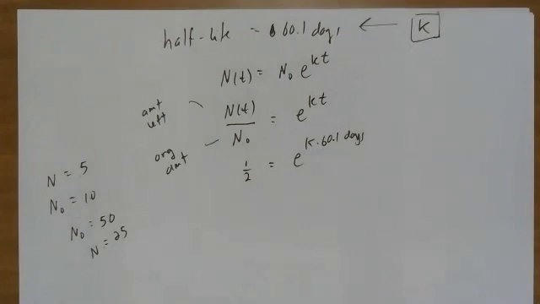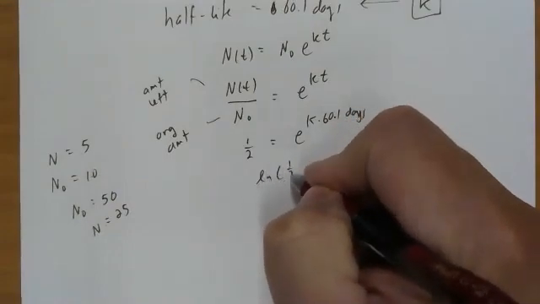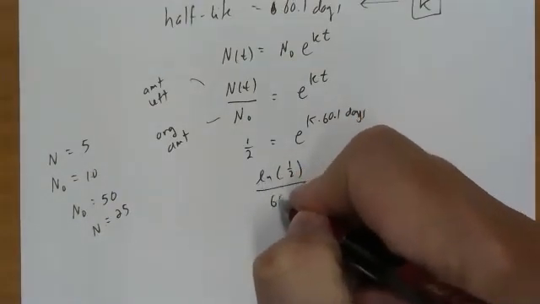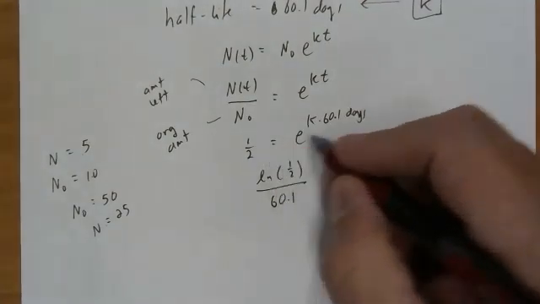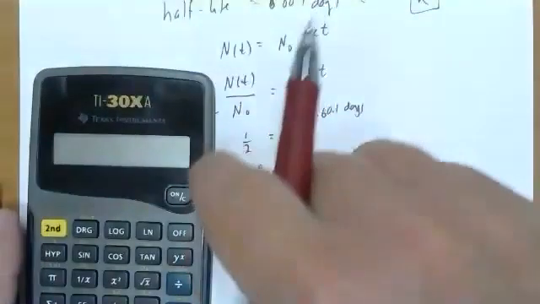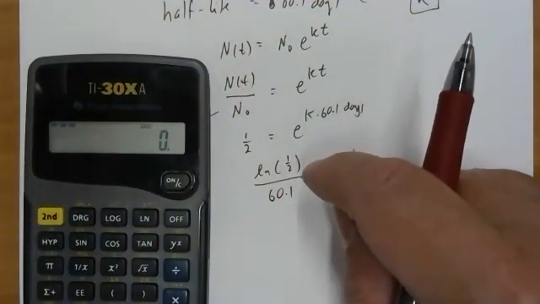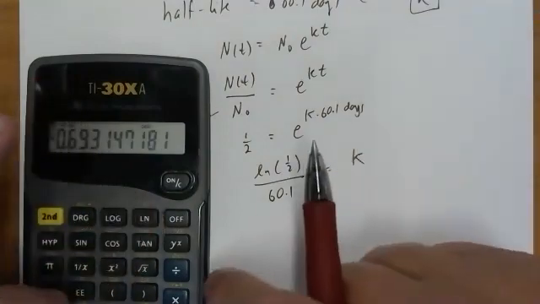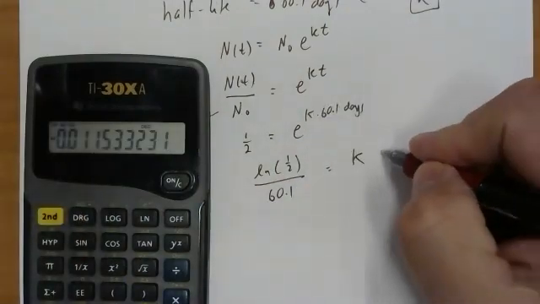That's why a lot of times they will give you the half-life times, because it's a roundabout way for you to calculate your K. So this is going to be the natural log of 1/2 divided by 60.1 days equals K. We've done this before. So if I did this calculation, natural log of 1/2 divided by 60.1.